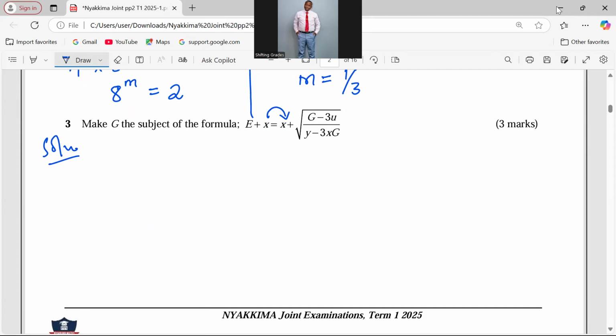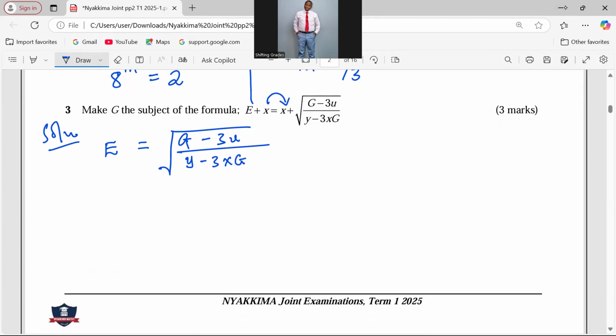So X minus X, that one cancels. So I'm having E equivalent to the square root of G minus 3U out of Y minus 3X capital G.